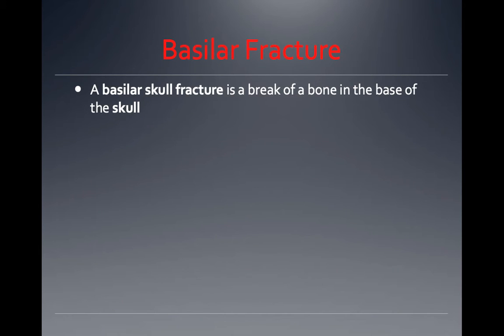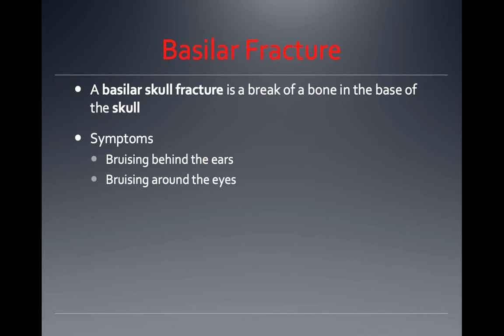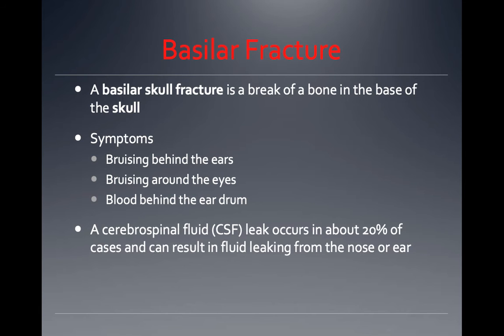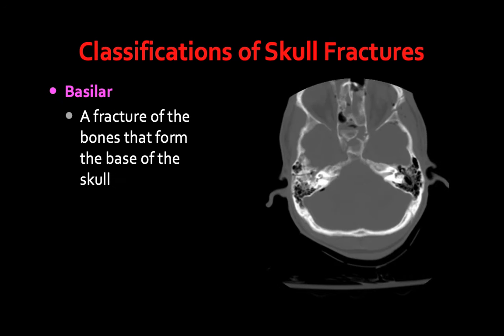And so the basal skull fracture is a break of a bone in the base of the skull. And a lot of times, like I said, you'll get bruising behind the ears, bruising around the eyes. As a matter of fact, it kind of looks like little raccoon circles of bruising around the eyes. Blood behind the eardrum, and then even cerebrospinal fluid can leak out of the nose or the ears.